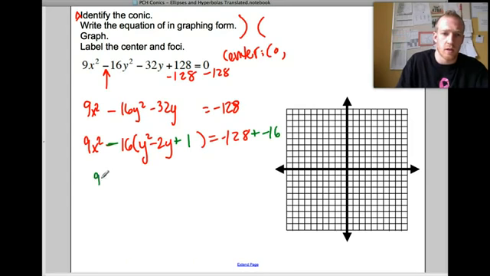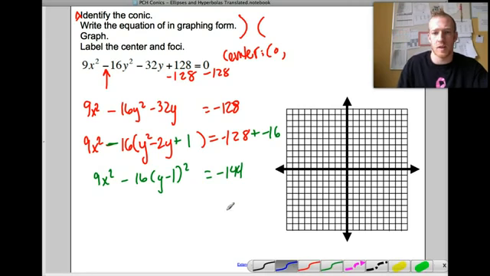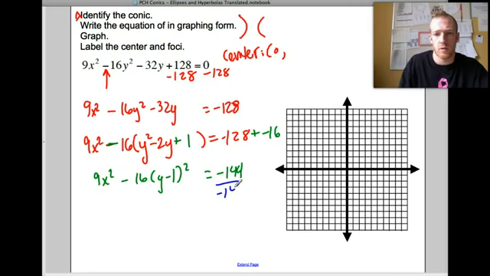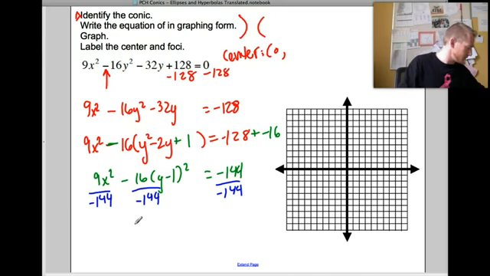So the negative 16 times 1, got to add a negative 16 to both sides. So that gives me a 9x squared minus 16 times y minus 1 squared equals 128 minus 16 is negative 144. So now I divide everything by the negative 144. And that gives me 144 divided by 9.